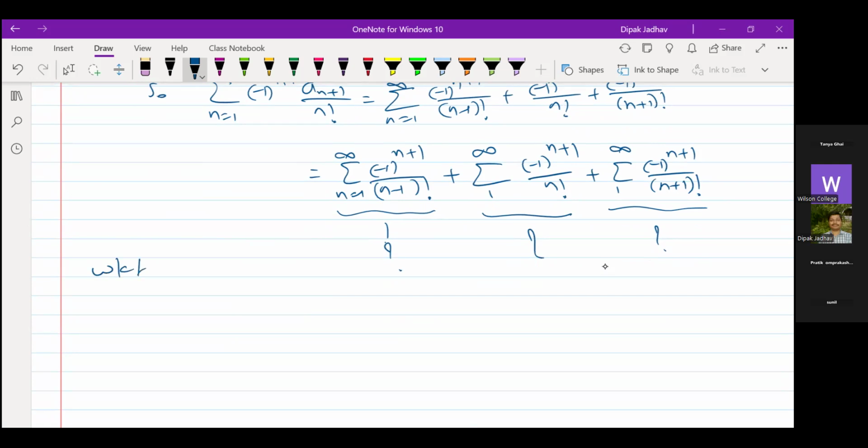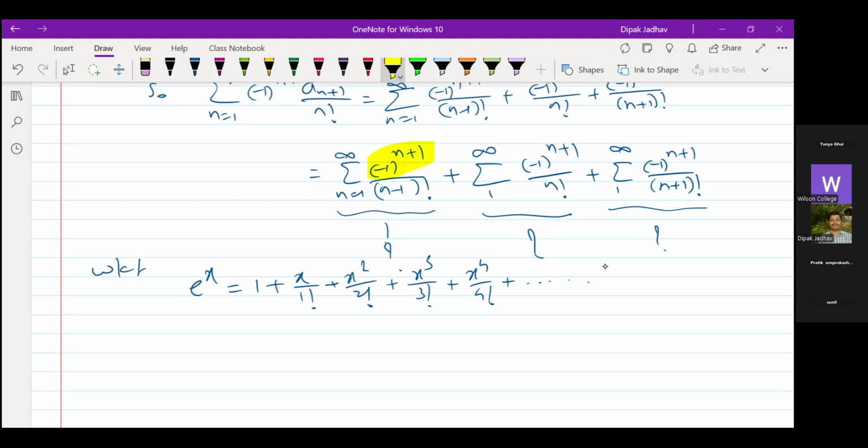So we know that e raised to x, what is the expansion of e raised to x? 1 plus x upon 1 factorial plus x square upon 2 factorial plus x cube upon 3 factorial, because the factorial term comes in the expansion of the exponential function. Now here you have an alternating series. The terms are alternating.